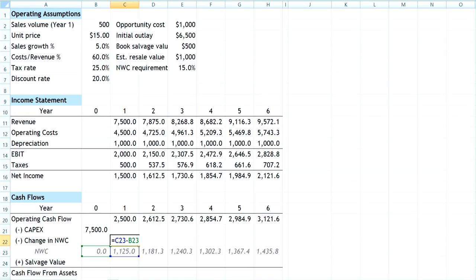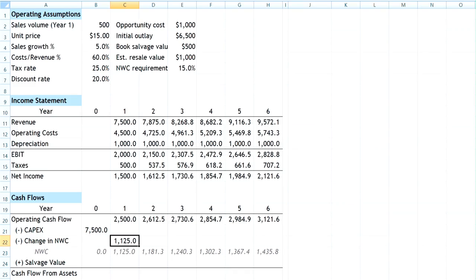The change in net working capital can be measured starting from year 1 because we do not have the previous year's net working capital in year 0. In the formula, the change is simply the difference between the current period's net working capital, C23, and the previous period's net working capital, B23.